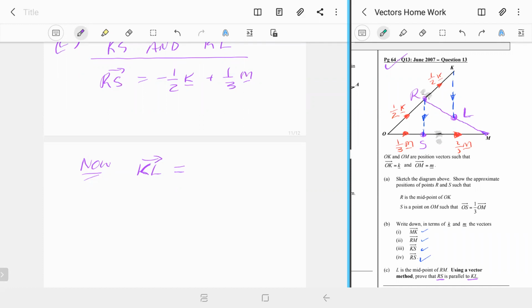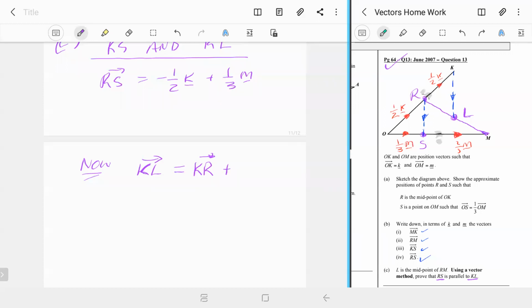How do I go from K to L, traveling along a vector direction that I know, or even in the opposite direction? Tell me the letters, the points. Sir, K to R. K to R, beautiful. And then half RM.